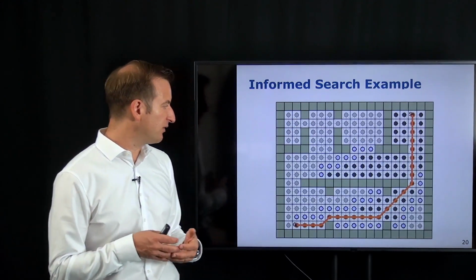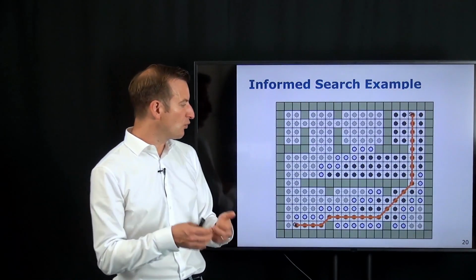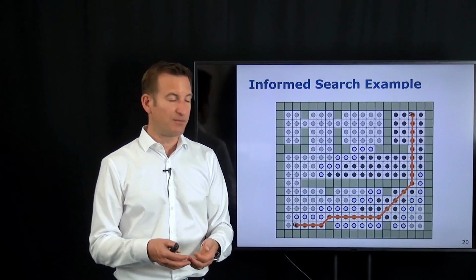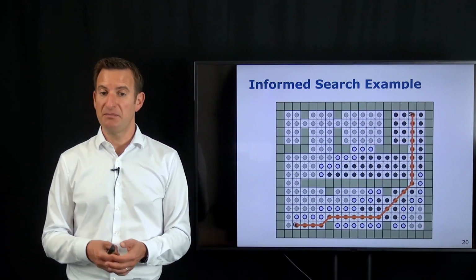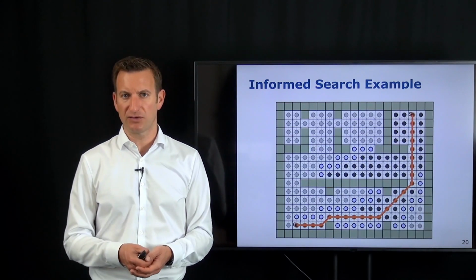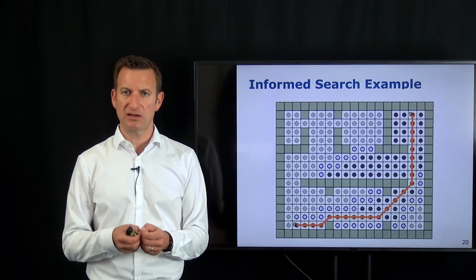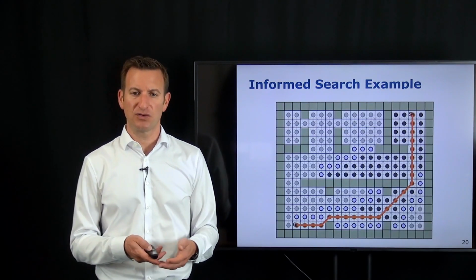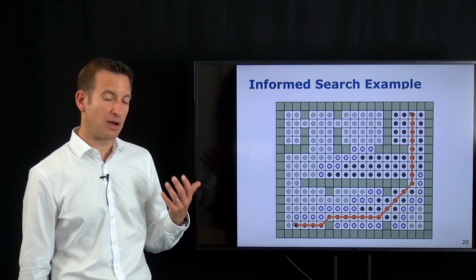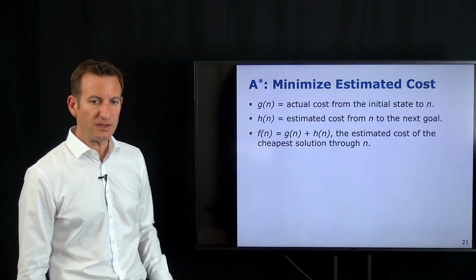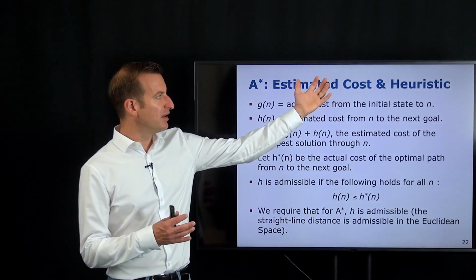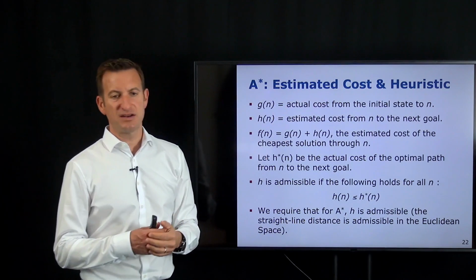And we are exploiting this heuristic in order to focus the search among the remaining nodes to expand to say which one is probably the best one to expand based on this heuristic, based on this guess about the cost. Again, the heuristic is not the exact cost, it's just a guess about those costs. But it has to have certain properties in order to allow us to come up with the correct solution. So what A star does, it basically performs the estimated cost, which consists of costs and a heuristic.